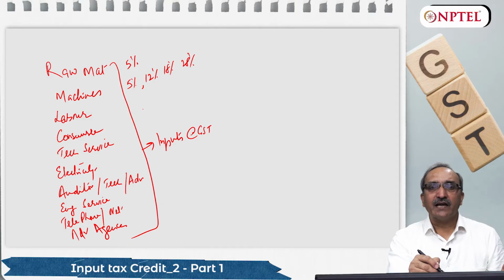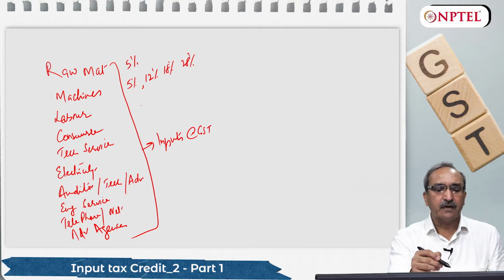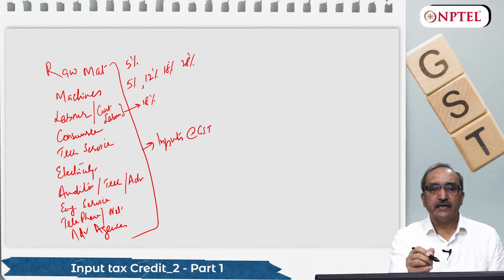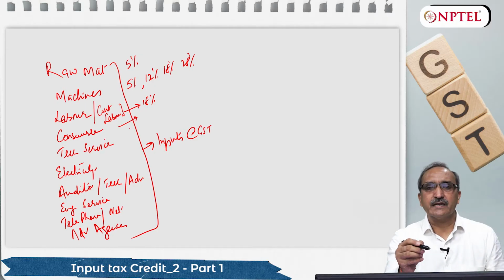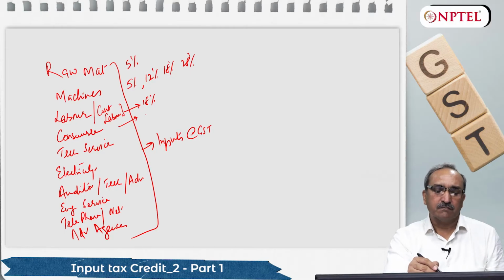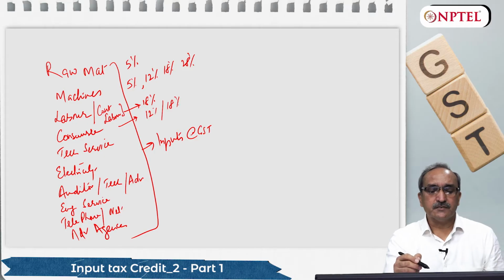But if I have contractor labor, this is again subject to GST, maybe at the rate of 18%. Then consumables, many times I use chemicals or oils and lubricants, maybe subject to GST 18% or 12%.